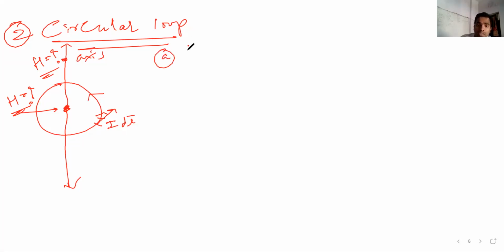Case 2A, at center. So our point of observation is at the center of a current carrying circular loop. Okay, we can use this diagram also. So suppose this is my current element.